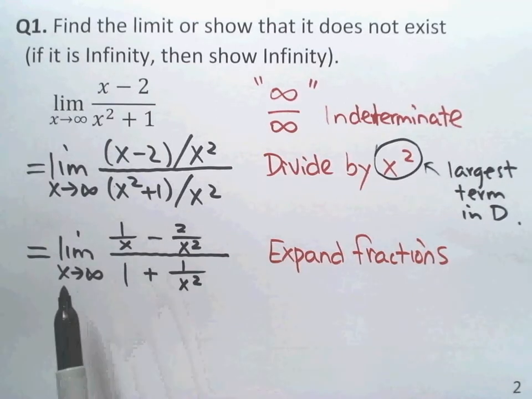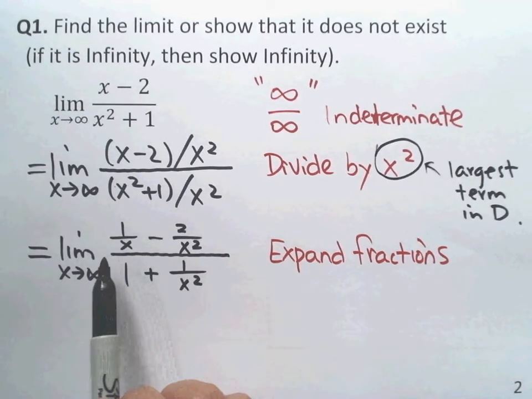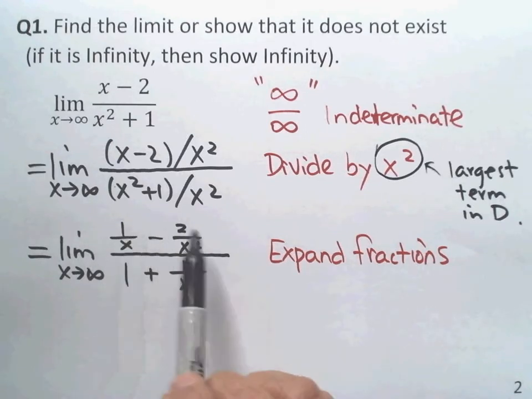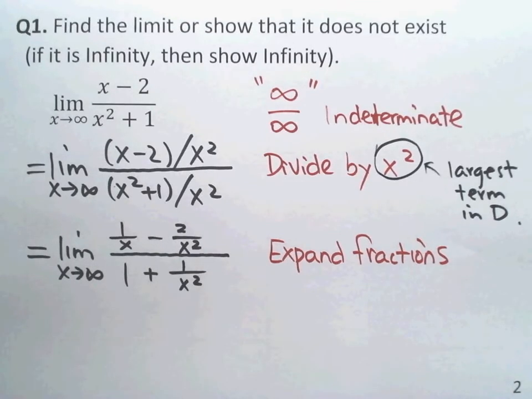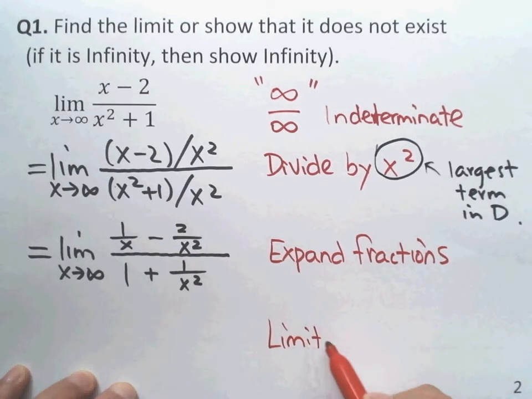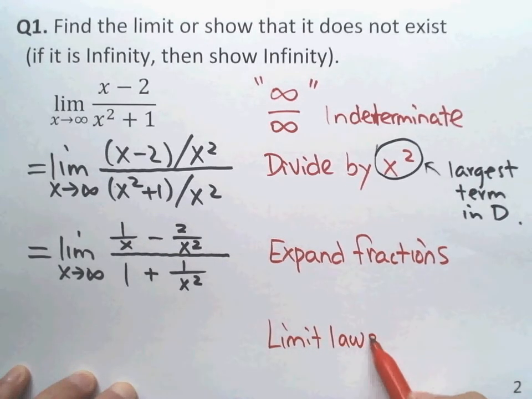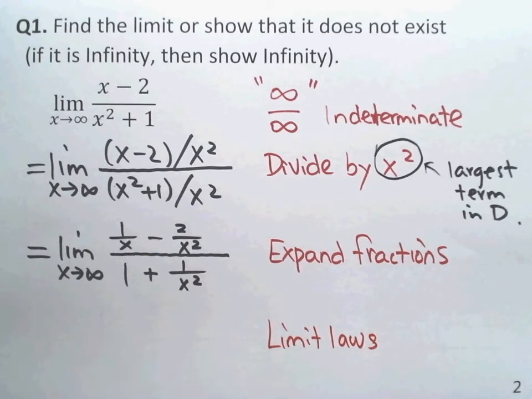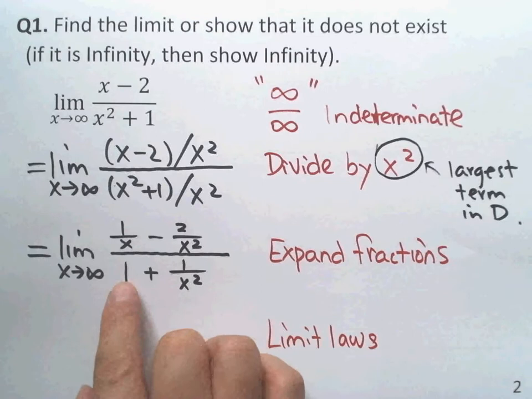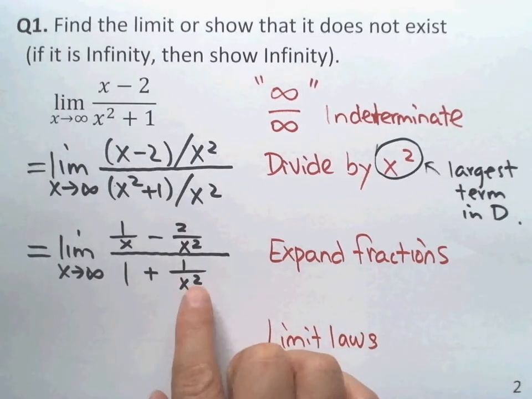Now all we need to do is use the limit laws, the quotient law and the sum law and the difference law, whatever we learned before. Then this limit can go to the first, the second, the third, the fourth.